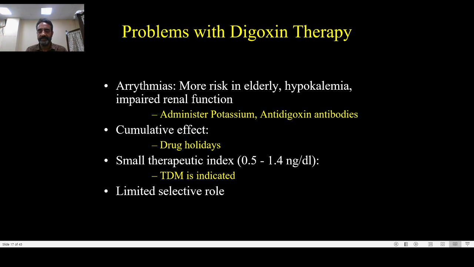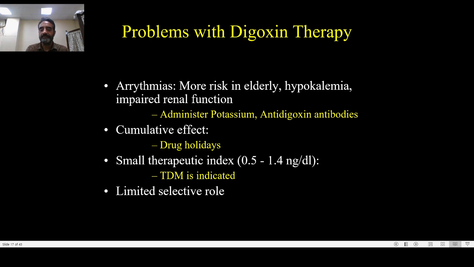Now remember that the drug is acting on the sodium potassium ATPase, and potassium ion is using the same ATPase pump for its exchange into the myocyte. Therefore, both potassium ion and this drug are competing for the sodium potassium ATPase pump.